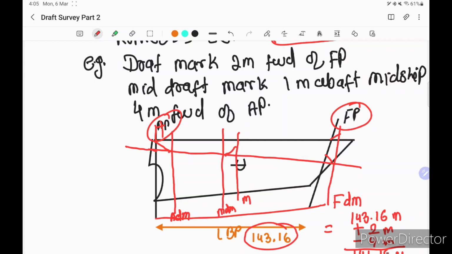Now for example, I give you the draft mark 2 meter forward of the forward perpendicular, so this is your forward draft mark. This is your midship, and 1 meter above of midship is your mid draft mark, and the aft draft mark is 4 meter forward of the aft perpendicular.